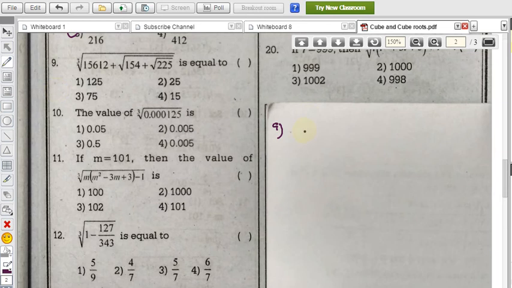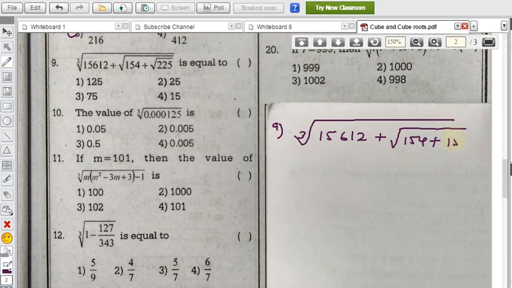Cube root of 15,612 plus square root of 154 plus root 225, which is 15, because the square root of 225 is 15. Continuing: 15,612 plus square root of 154 plus 15, 169.